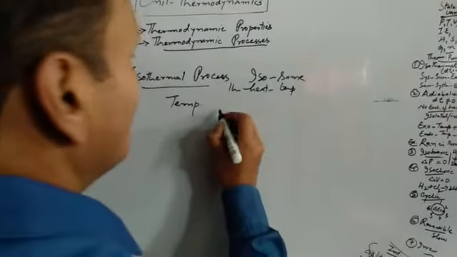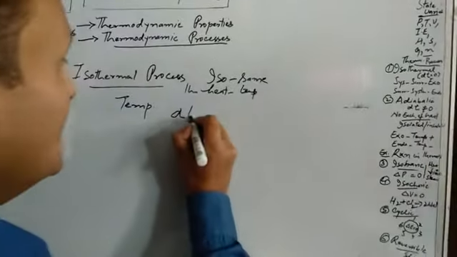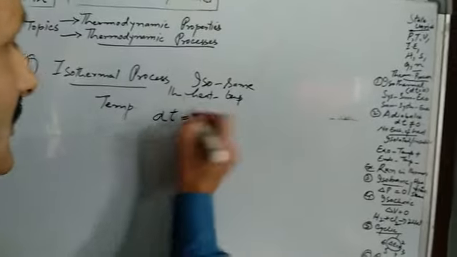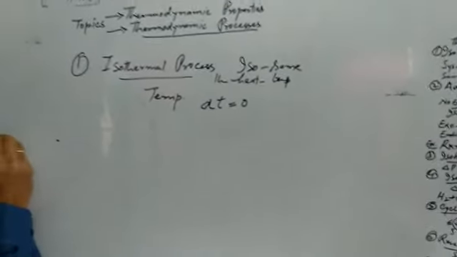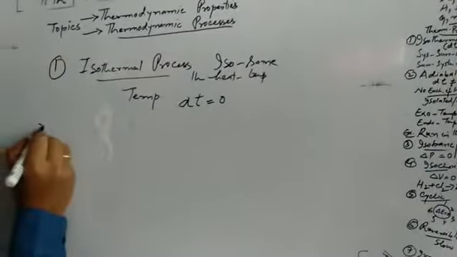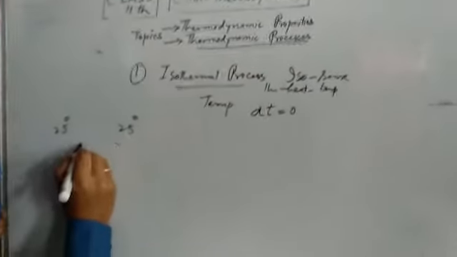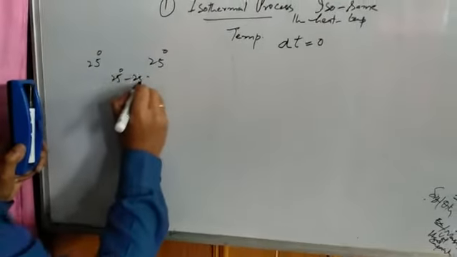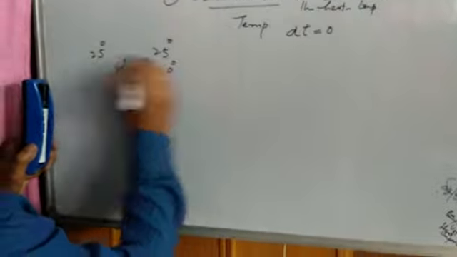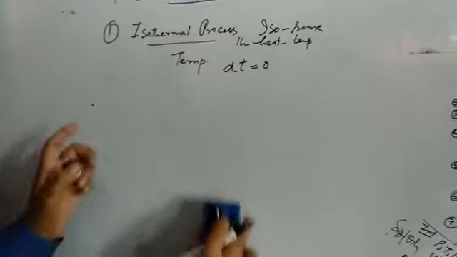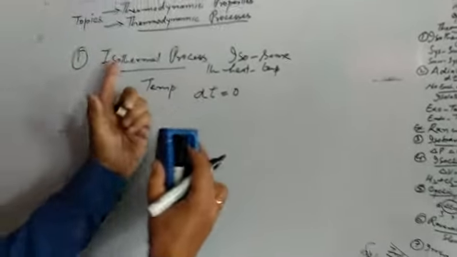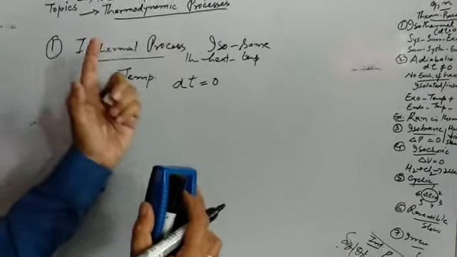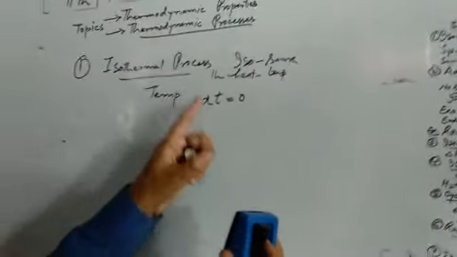In isothermal process, delta T is always 0. That means here temperature was, in this example, 25 and 25. What is the change? 25 degree minus 25 degree, that is 0 degree. So there is no change in the temperature.